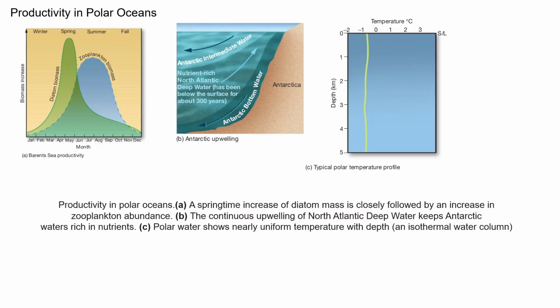In the polar oceans, the permanent thermocline is not there. So it's almost an isothermal situation. So the lack of this thermocline in the polar regions allows free mixing, and therefore the polar surface waters are high in nutrients. So you will be finding higher primary productivity in the polar regions.